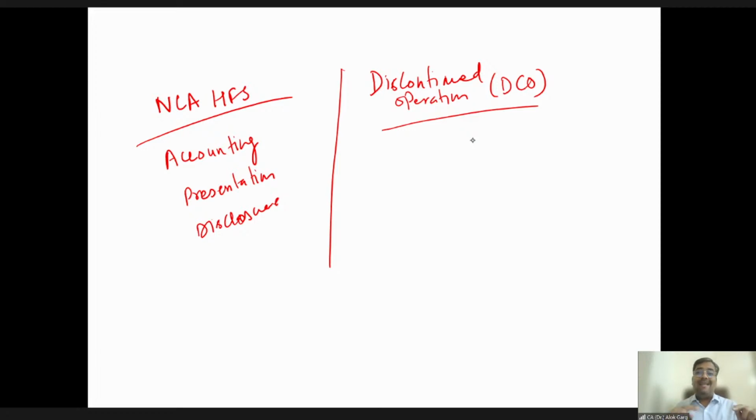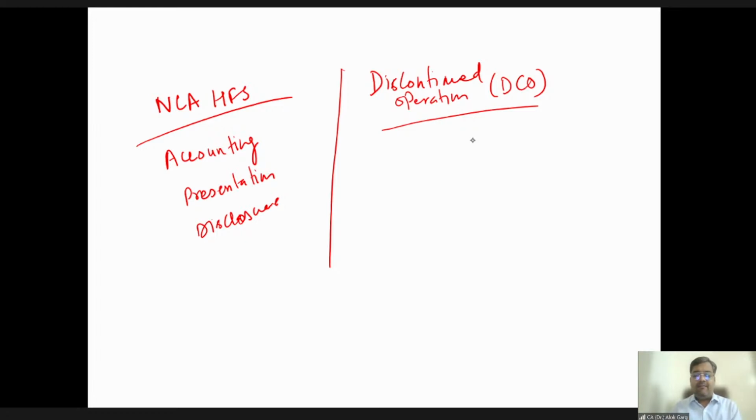Friends, in this case, when I'm selling my entire factory to Saksham, is it a group of assets held for sale or an individual asset held for sale? You're right, Manini. It is a group of assets held for sale, and this is known as a disposal group, right, friends?